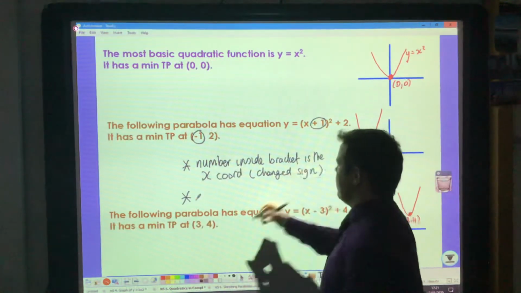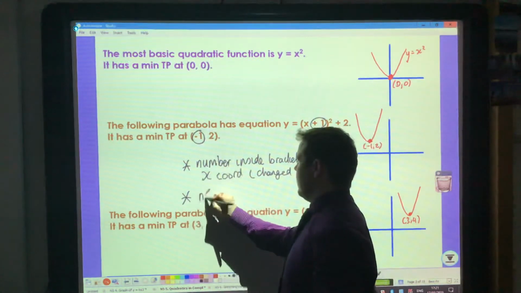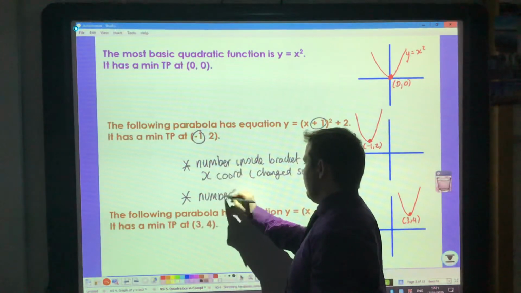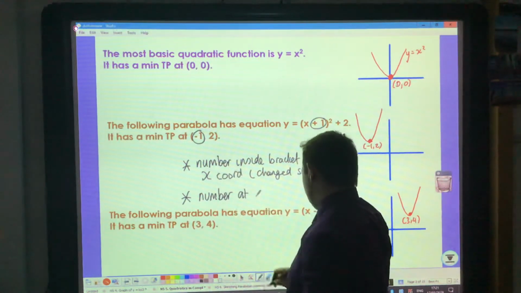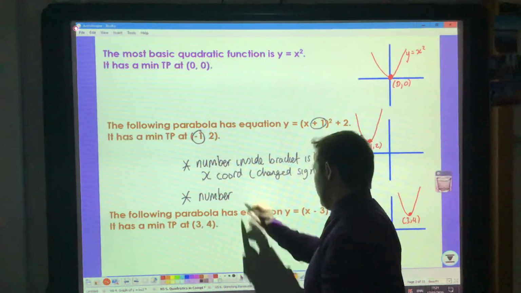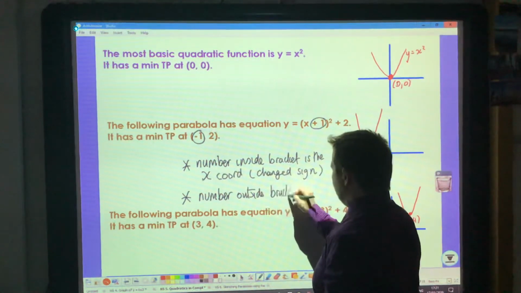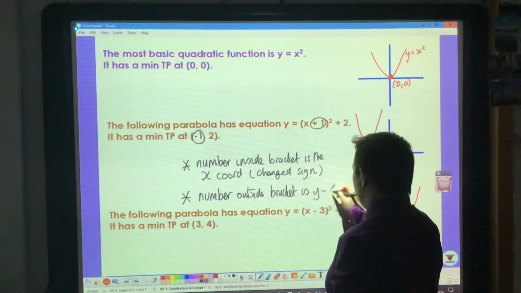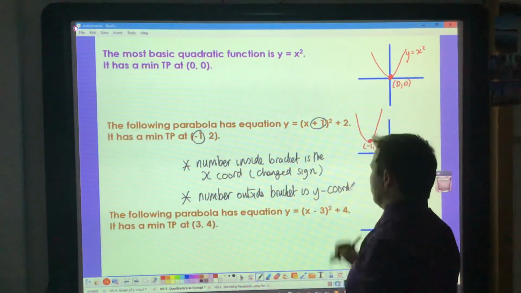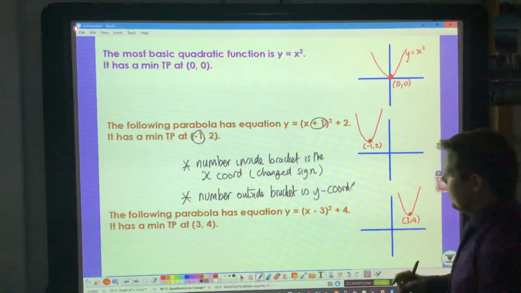The y coordinate is just a number outside, so the number at the end, or outside the bracket, shall we say, is the y coordinate. So let's see if that applies for this one.